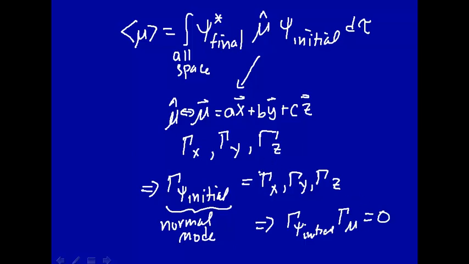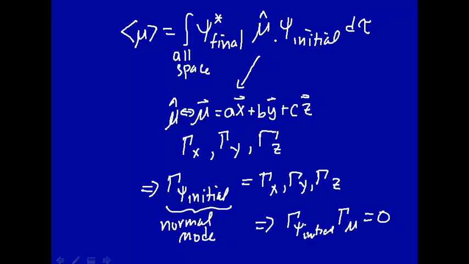Okay, but why is that? Well, the irreducible representations form an orthogonal set. And if, for example, this does not have the same irreducible representation as x, y, or z, then when you try to do this product, it will be an irreducible representation of two different rows in the character table, and what that will mean is the integral will be 0.